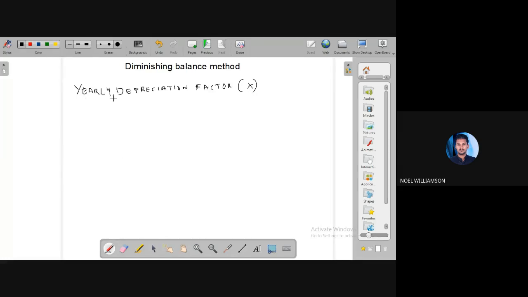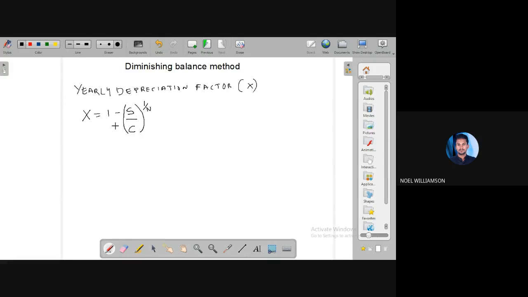So first of all, what is the relation? The relation for the yearly depreciation factor is x equal to 1 minus S by C, the whole raised to 1 by N. S, C, N were already discussed.